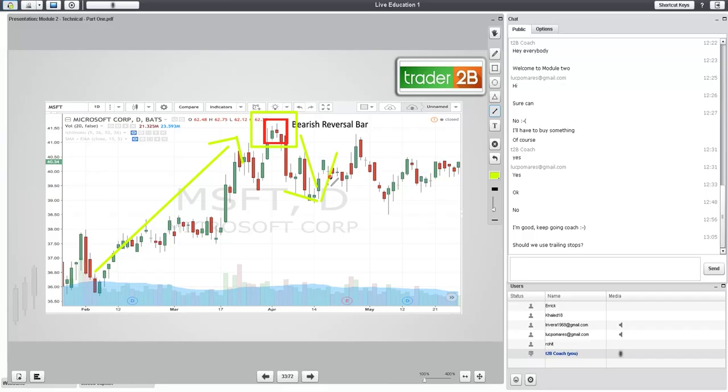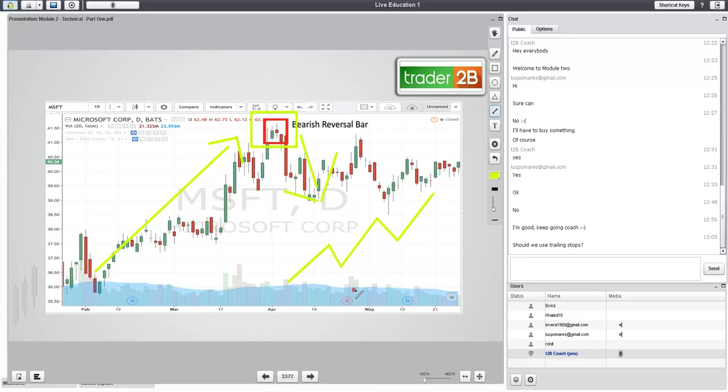As we all know, prices don't always go up in one nice long upward movement. There are always pullbacks as the price is moving up.